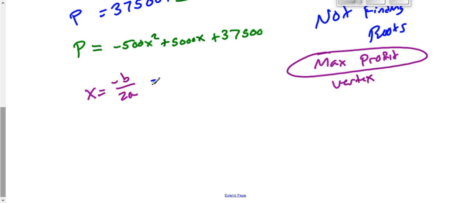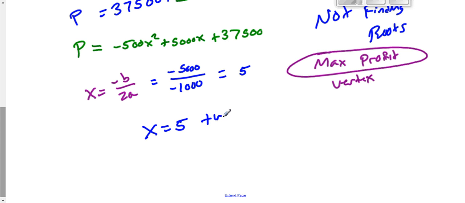So we get negative 5,000 over negative 1,000, which means we get 5. So x equals 5 means they need to reduce the price 5 times, or by $25.